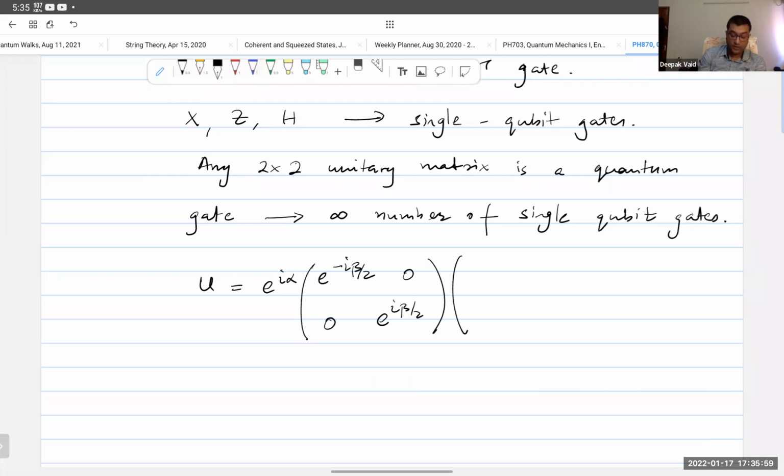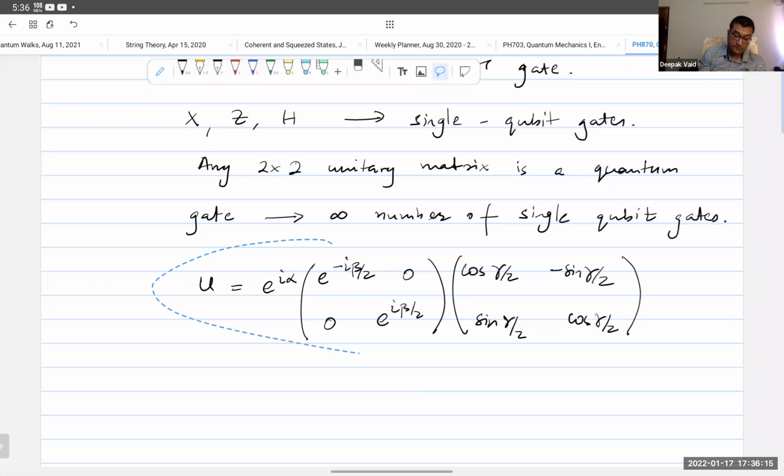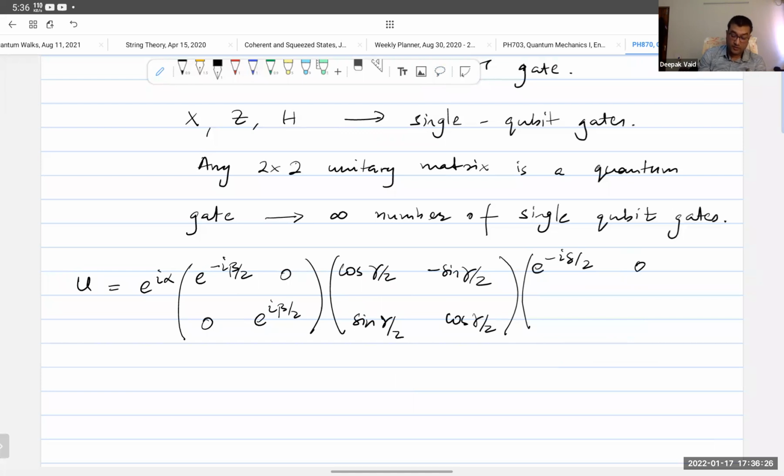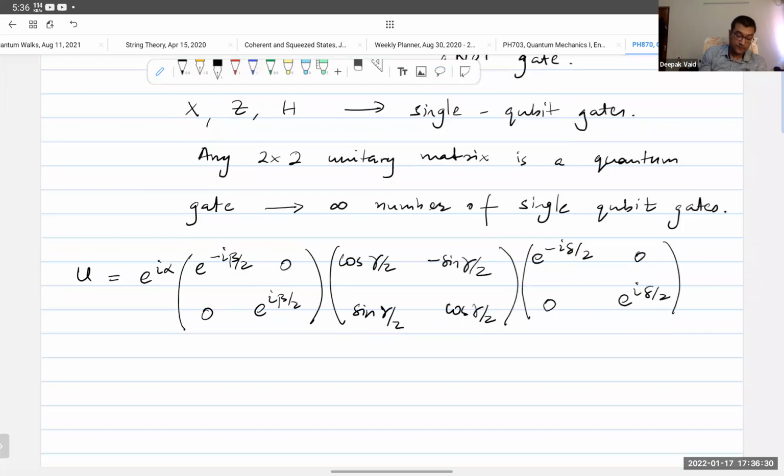Let me just write down the expression first, and then we'll see how the Bloch sphere picture allows us to understand what is going on.